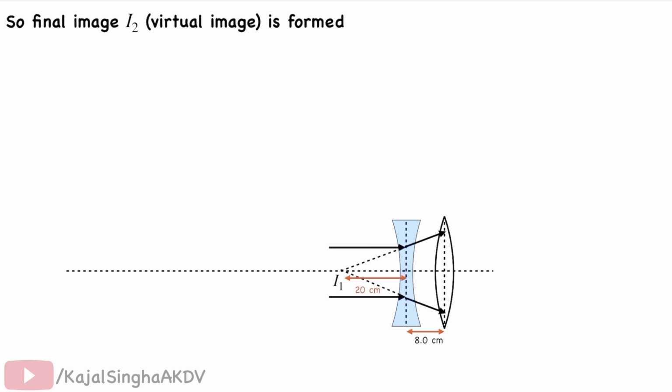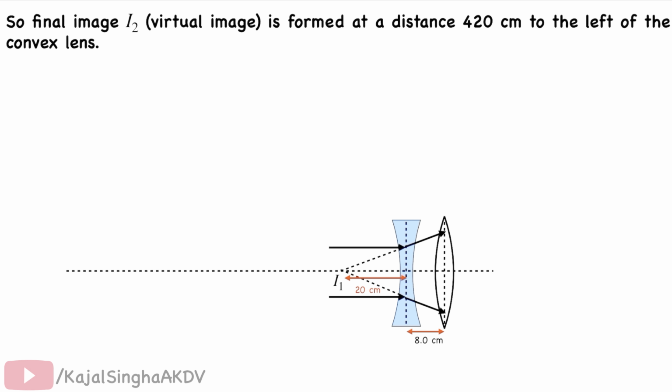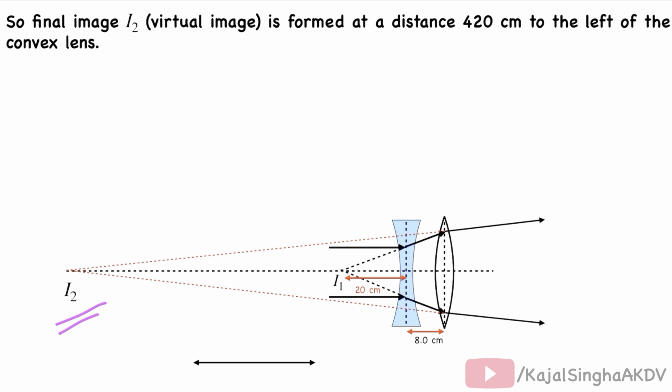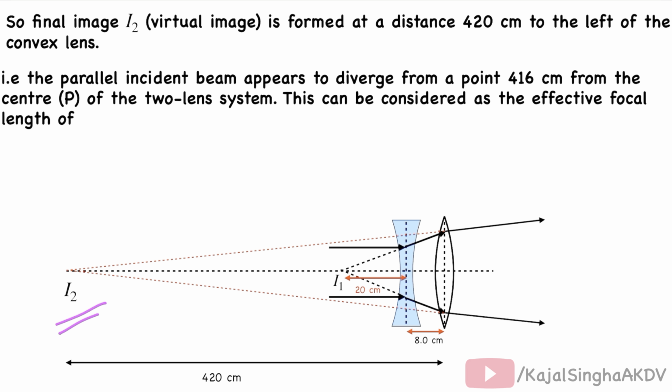So final image I2 is formed at a distance 420 centimeter to the left of the convex lens. That is, the parallel incident beam appears to diverge from a point 416 centimeter from the center of the two lens system. This can be considered as the effective focal length of the system. So here the effective focal length becomes 416 centimeter.